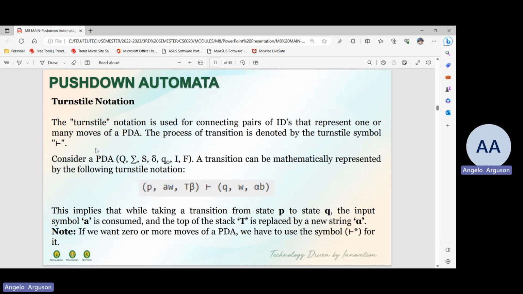Turnstile notation. The turnstile notation is used for connecting pairs of IDs that represent one or many moves of a PDA. The process of transition is denoted by the turnstile symbol here.